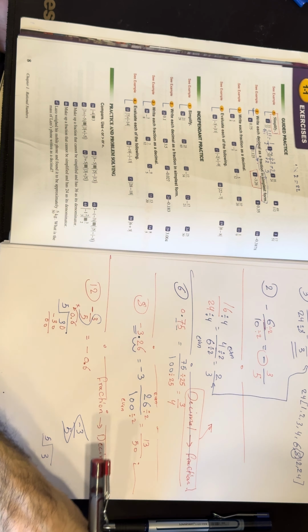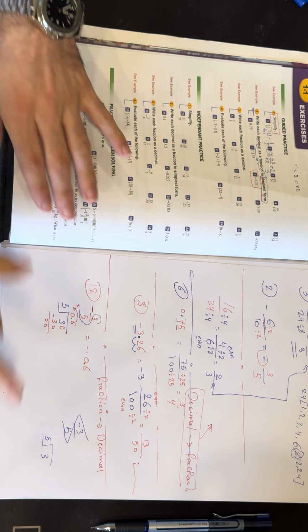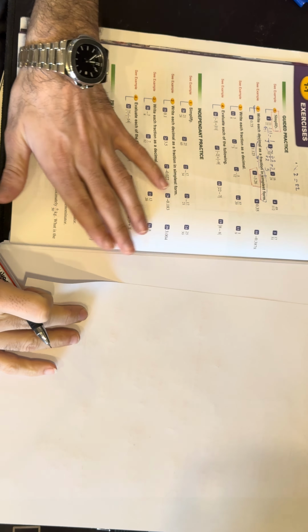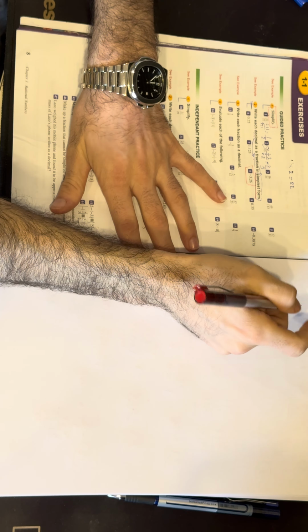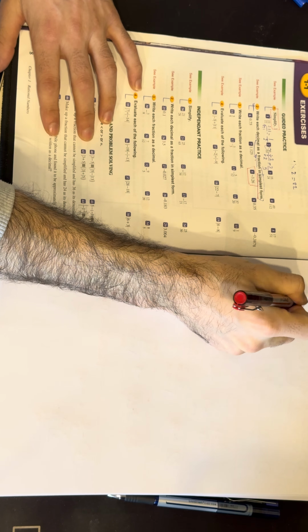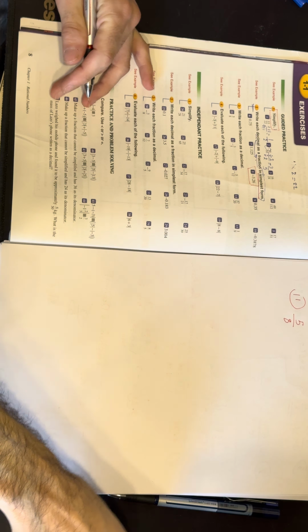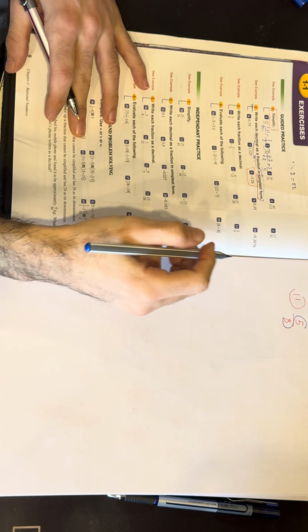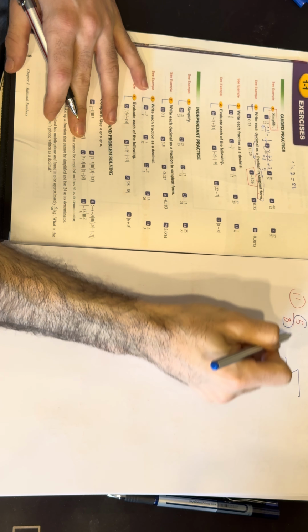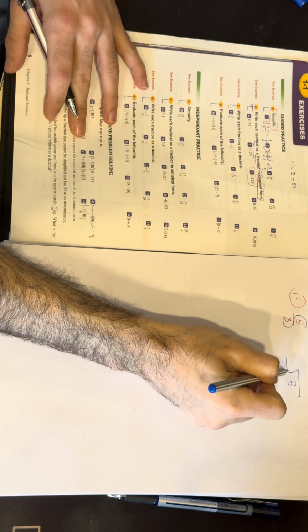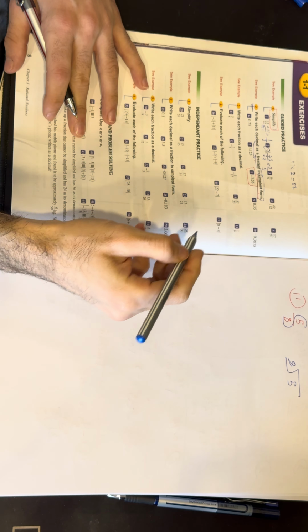Then we have another one. Let's solve question 11, which is 5/8. Again, I'm going to use the S letter. After I use the S letter, that means the 5 will be inside and the 8 will be outside.